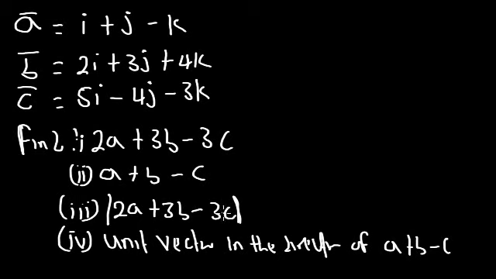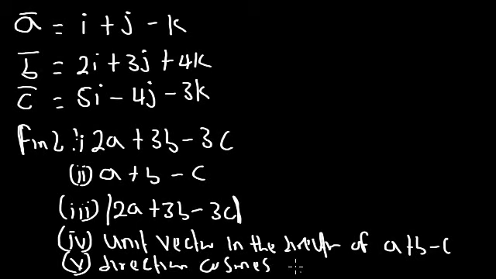Once we get there, we will see what we mean by in the direction of a plus b minus c. And the last, we have to determine the direction cosines in the direction of 2a plus 3b minus 3c. Hopefully you can figure that out.